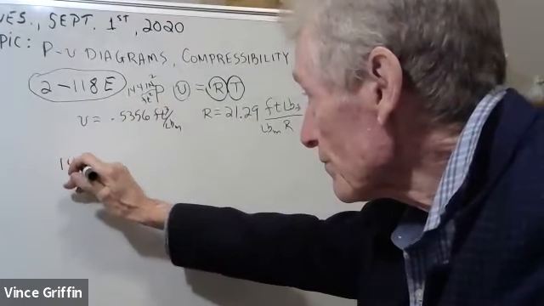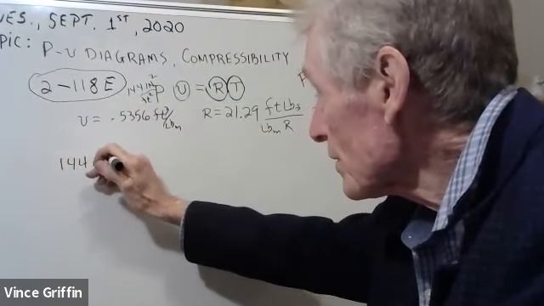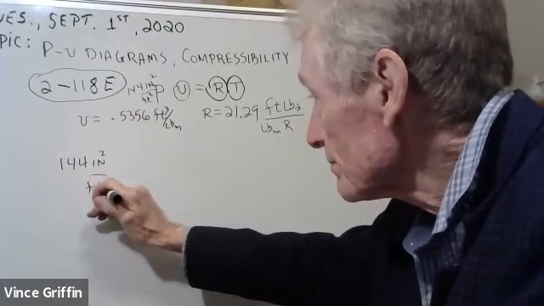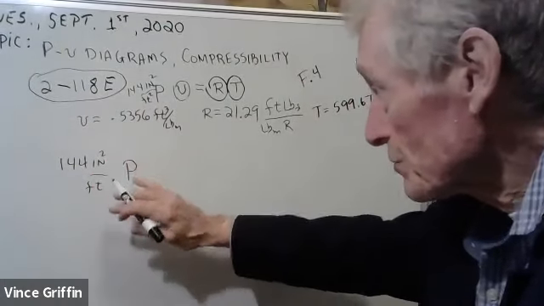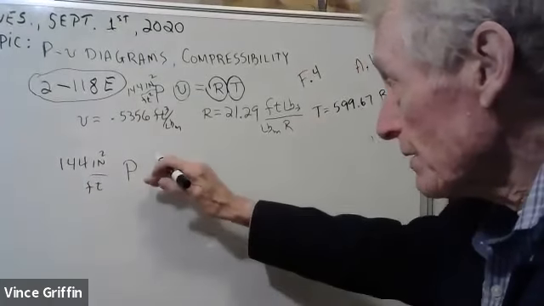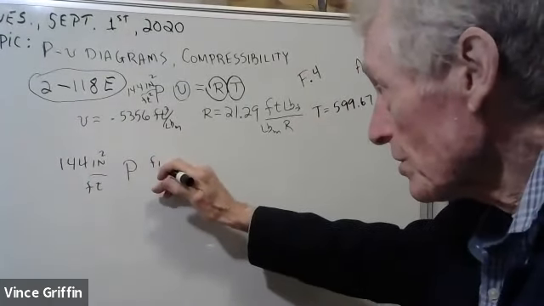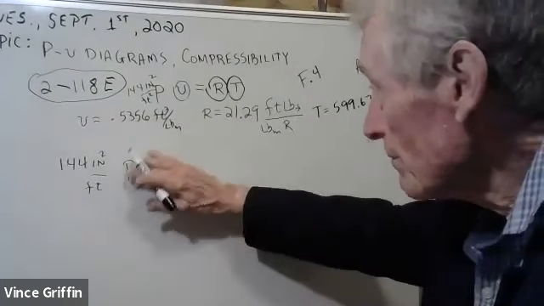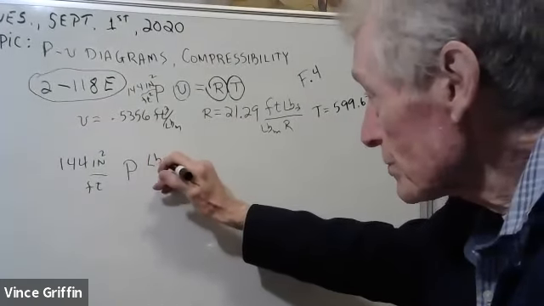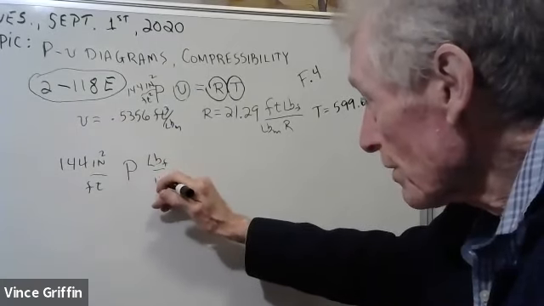I got 144 inches squared per square foot. I have P, which we're trying to find. We know what it's in. It's in pounds force per square inch.